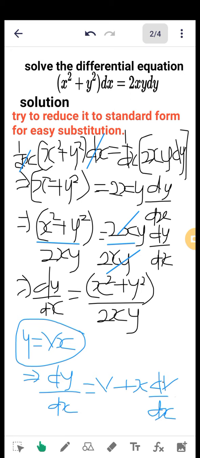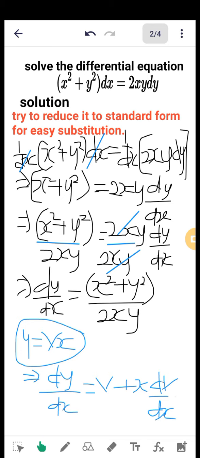So quickly, the idea is that we have to make a substitution to solve a differential equation related to homogeneity. For the easiest way to solve, we have to reduce it to a standard form for easy substitution.